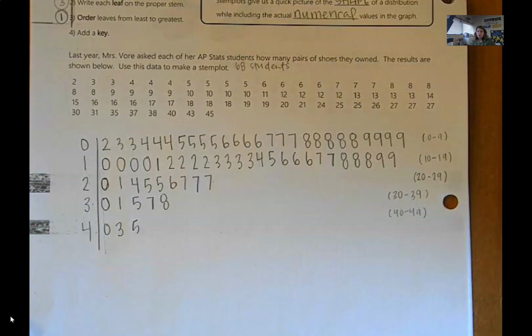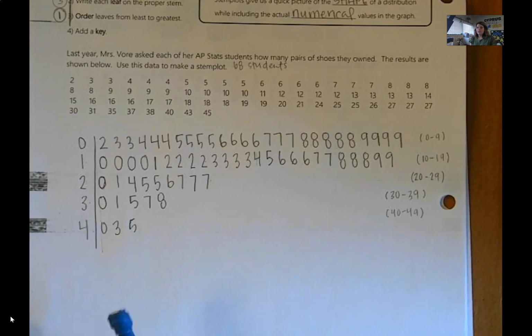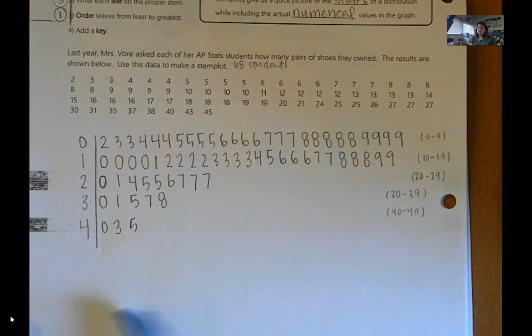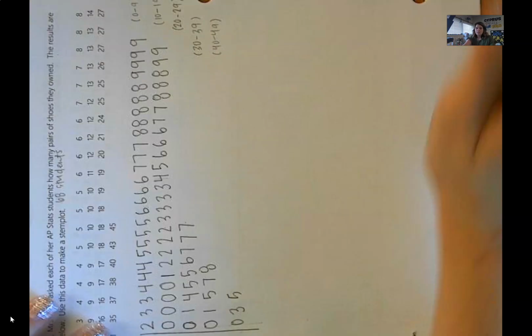So I would argue that this was much faster than a dot plot. I like that you can see all the data values, and I also like that you can see the shape of this data. So if you're looking at this data, what I really need to do is rotate this.